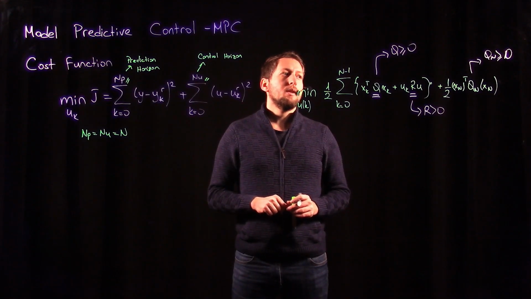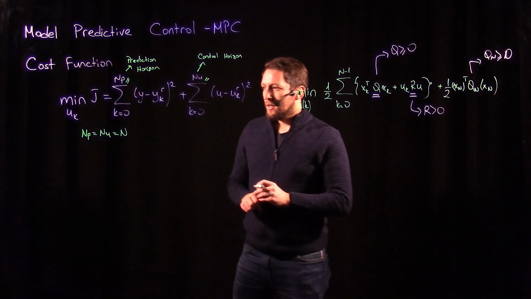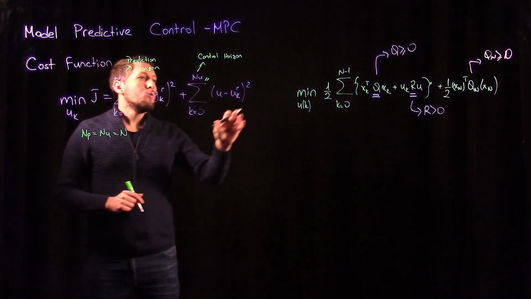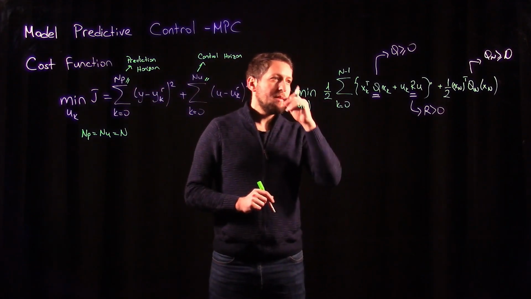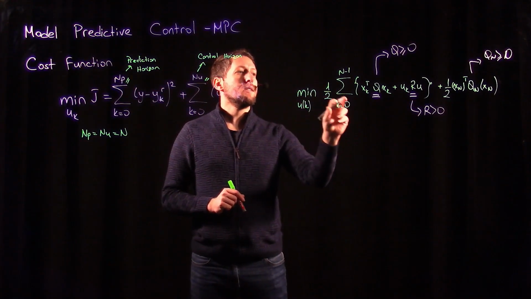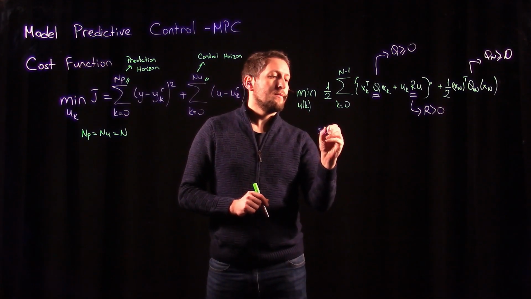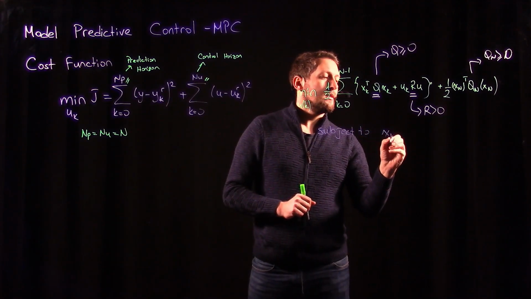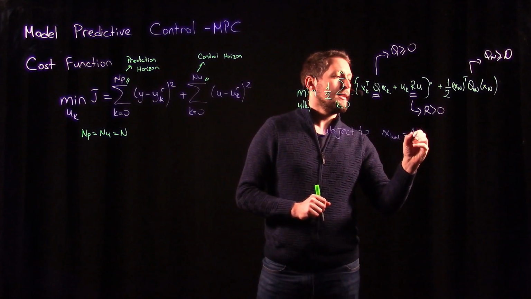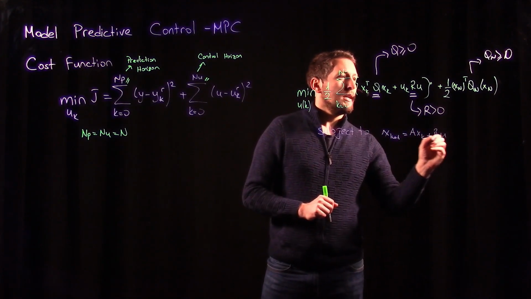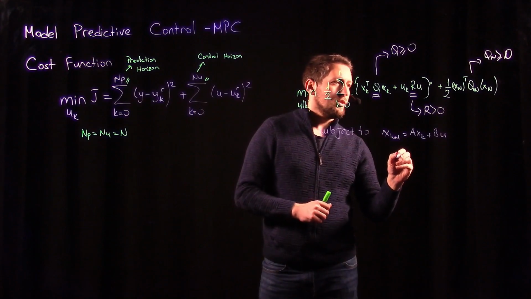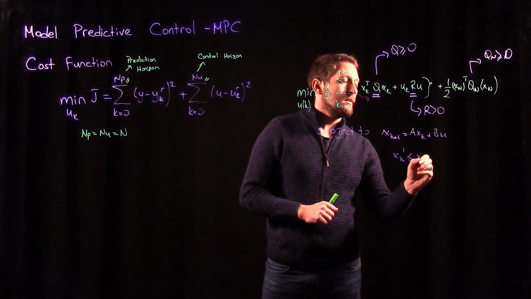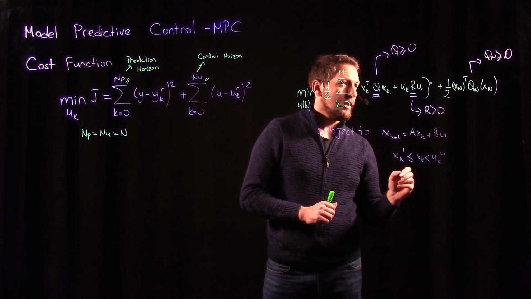But what do they bring to us? So let's assume a very basic formulation of a linear MPC, and let's again use this one, minimize this one, subject to a discrete time system, a linear one, and we have some state constraints here, a lower one and an upper one.